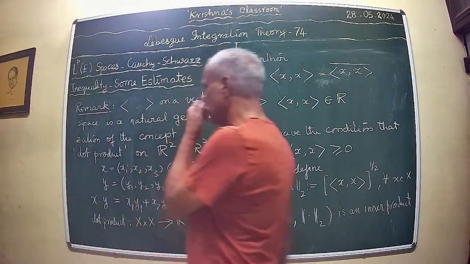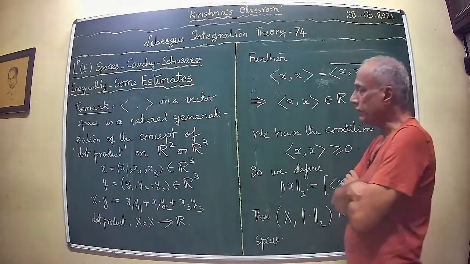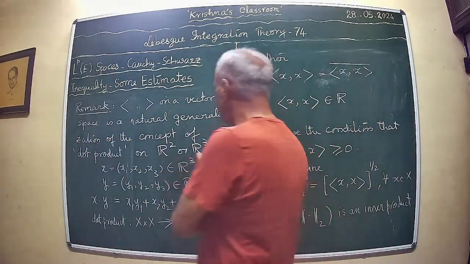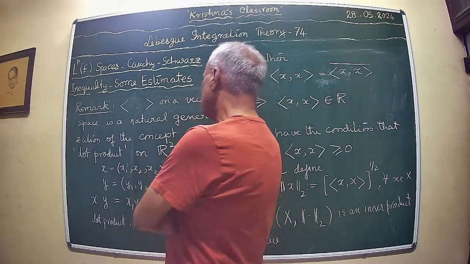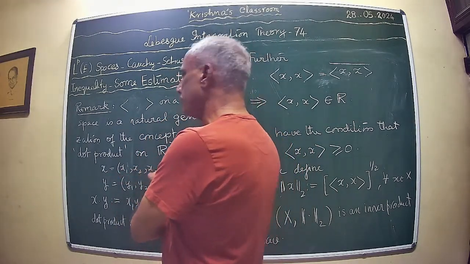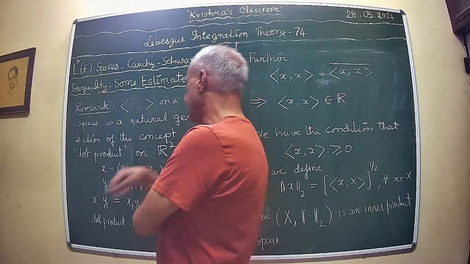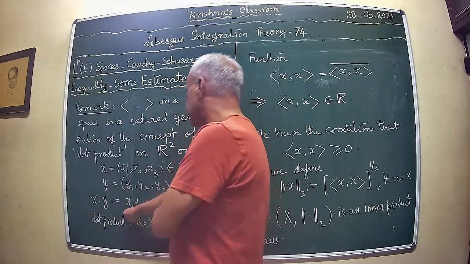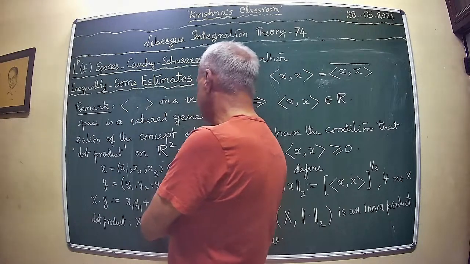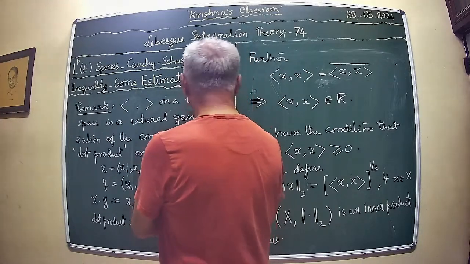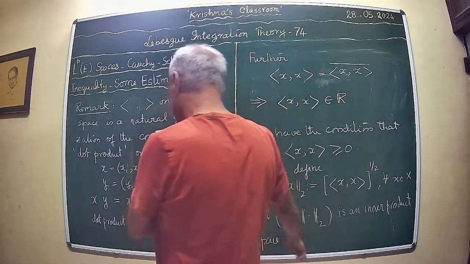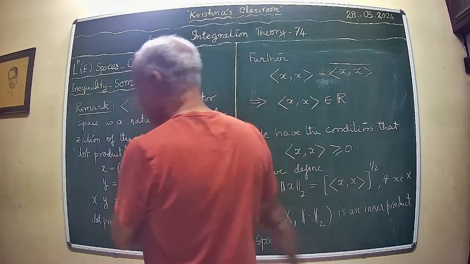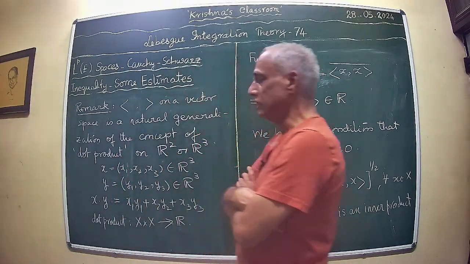In this case, if we were to replace this by C2 and C3, then these are complex numbers, and then x dot y is defined as x1 y1 conjugate plus x2 y2 conjugate plus x3 y3 conjugate. Now we have seen this. Then you get what you call a complex inner product space.